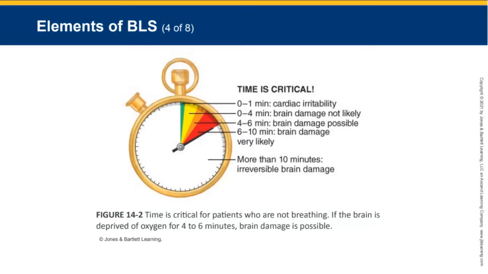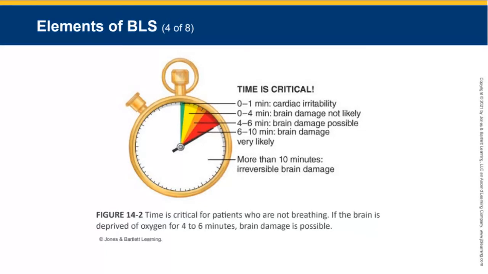So, time is critical. 0 to 1 minute without oxygenation or perfusion can lead to cardiac irritability. 0 to 4 minutes, brain damage is not likely, but the patient will start to show signs of poor perfusion to the brain. 4 to 6 minutes without proper oxygenation, brain damage is possible. 6 to 10 minutes without proper oxygenation, brain damage is very likely to occur.